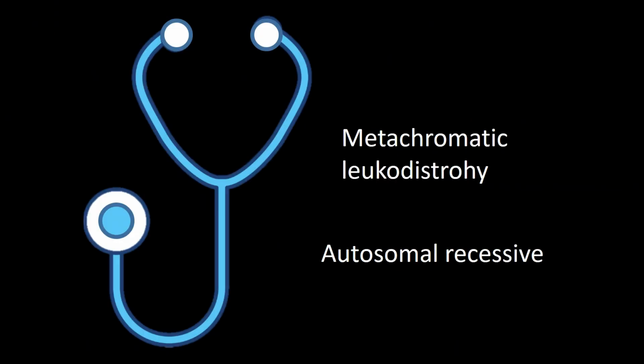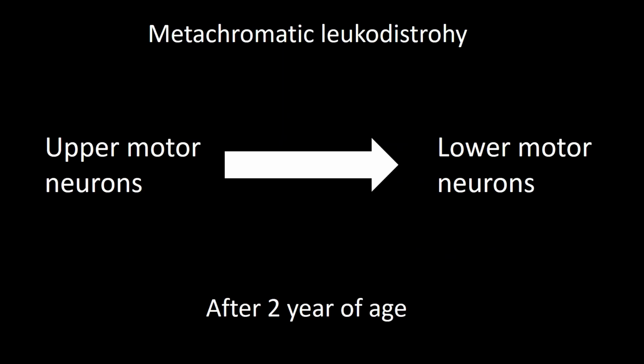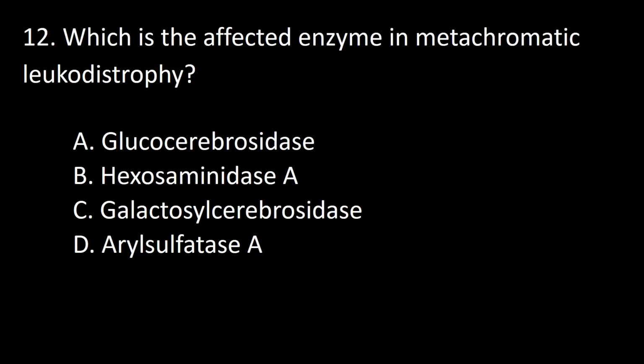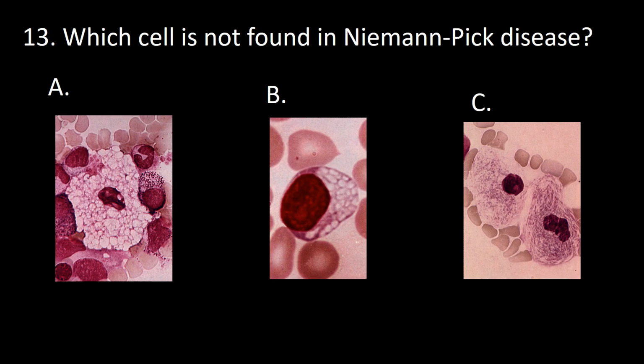Metachromatic leukodystrophy is an autosomal recessive condition manifested by upper motor neuron deficit followed by lower motor neuron deficit. But unlike Krabbe, most of the time, this condition presents after a period of normal development. So the answer to this question is D.